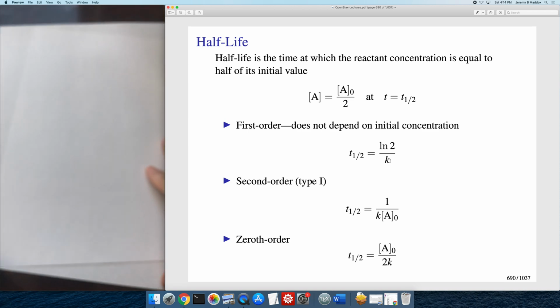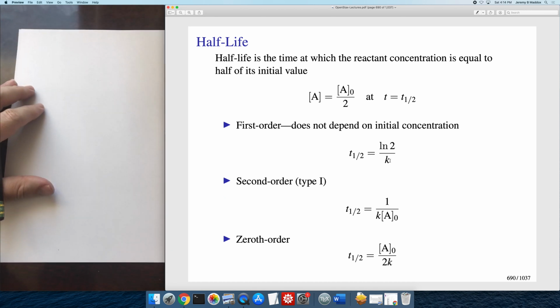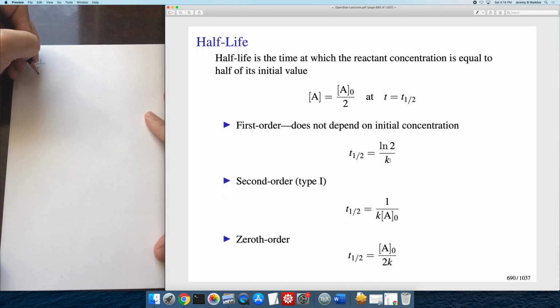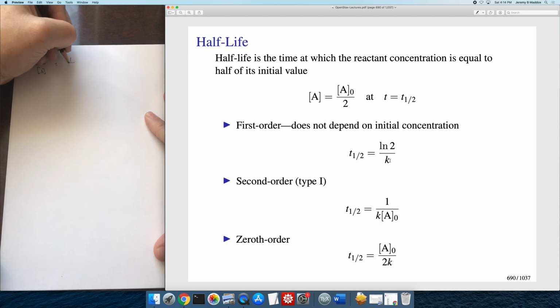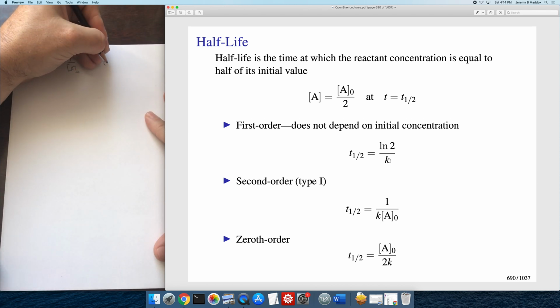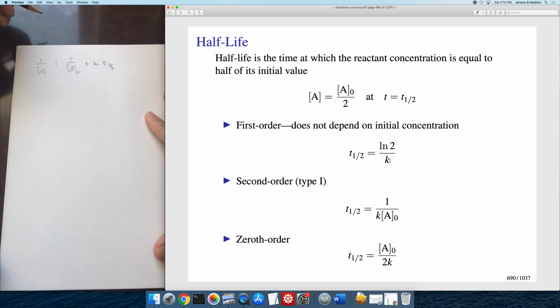Now, if we consider second-order kinetics, here is the integrated rate law. Plug in the half-life condition. At the half-life time, the concentration equals half the initial concentration.